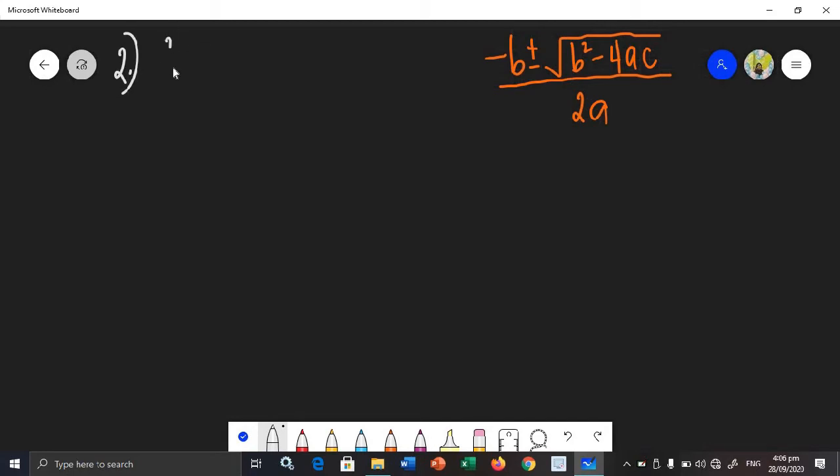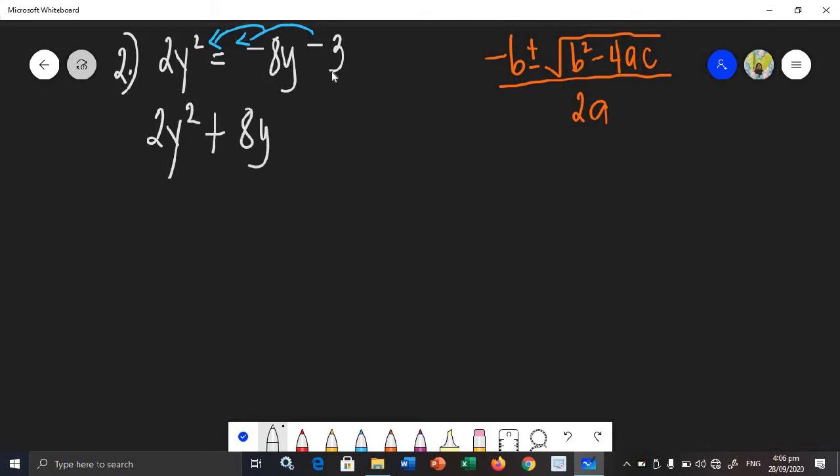And then we have 2y squared is equal to negative 8y minus 3. Okay? So, you noticed that the given is not in standard form. Therefore, we need to transpose the linear and the constant term to the left side. So, let's transpose both. So, it becomes 2y squared, negative 8y becomes positive 8y, negative 3 becomes positive 3 equals 0.